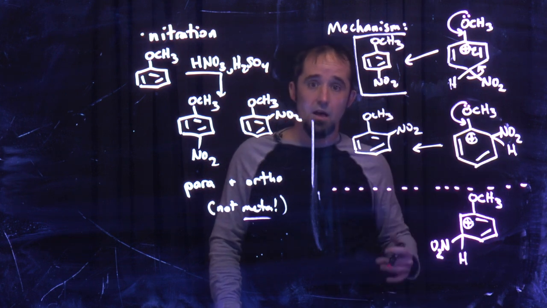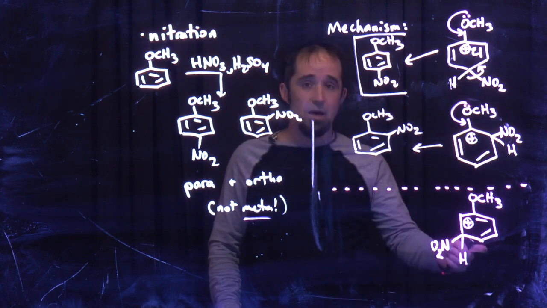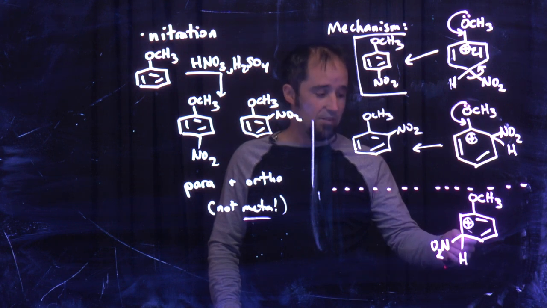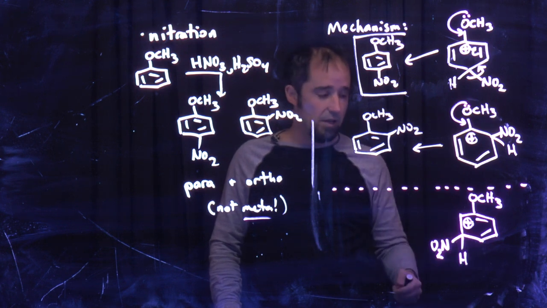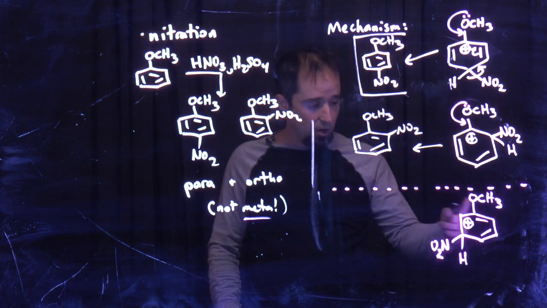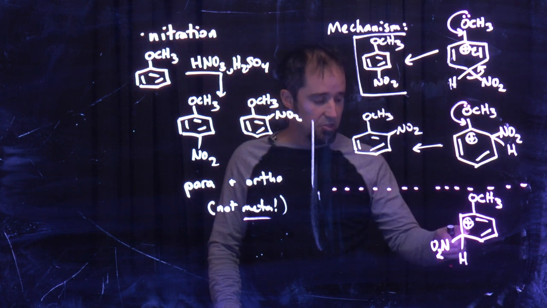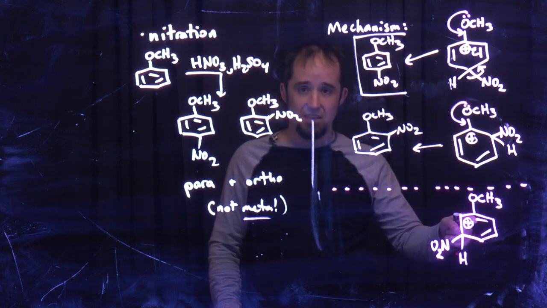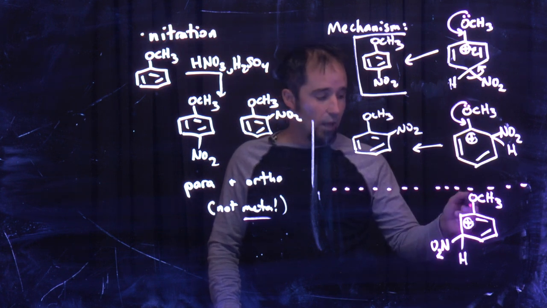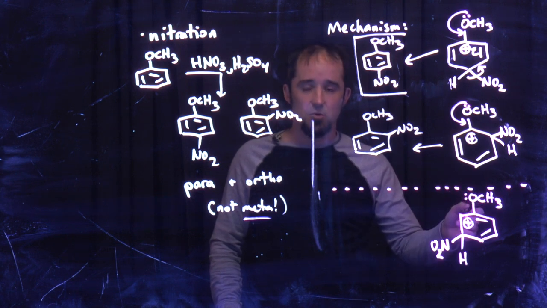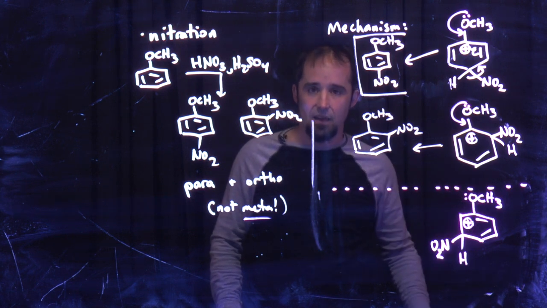However, if I look at this meta case, this is the intermediate that would give me something meta. I can't draw this intermediate to put the charge at that carbon next to oxygen. There's no way for me to take this lone pair and push it into the ring in such a way as to stabilize that cation.